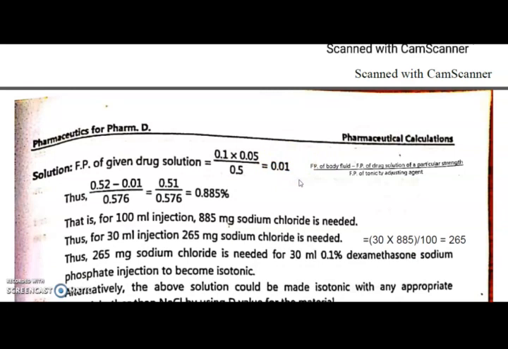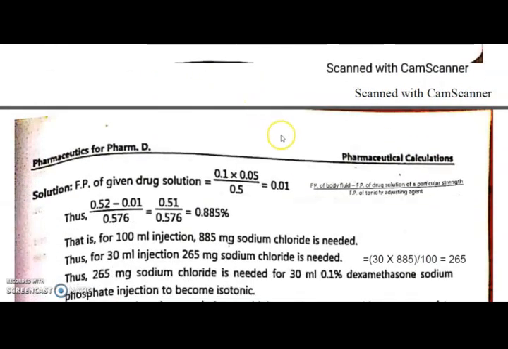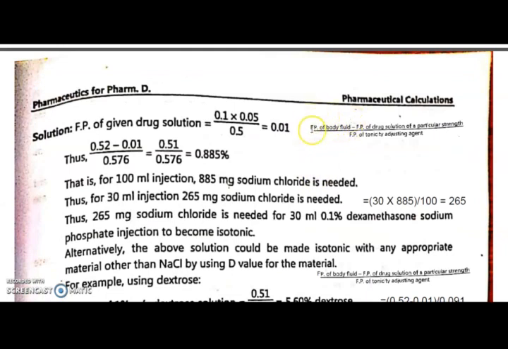As discussed in the earlier example, for calculating the percentage amount of sodium chloride needed to be added for making 0.1 percentage weight by volume dexamethasone sodium phosphate isotonic with body fluid, we use the equation: freezing point of body fluid minus freezing point of drug solution divided by the freezing point of tonicity adjusting agent, that is sodium chloride.